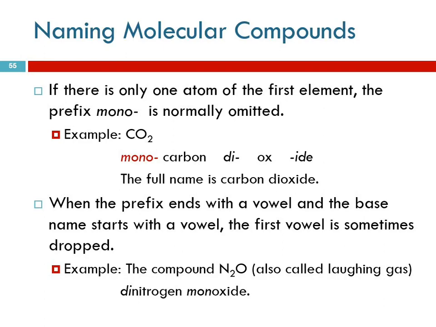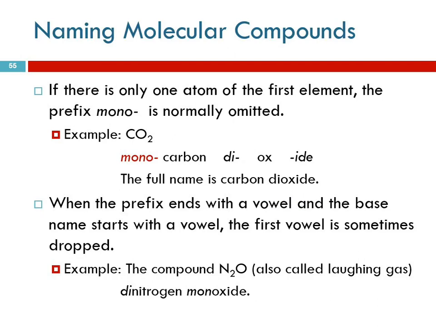So we use the prefixes to figure out how many. So you might think, well, there's 1 carbon, so monocarbon, and 2 oxygens, di for 2, ox is the base name of oxygen, and we change the ending to -ide. But we drop this mono because it's on the first element. And so the name of this is carbon dioxide.